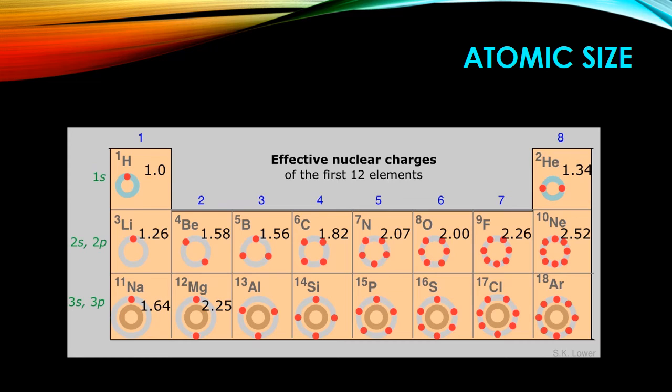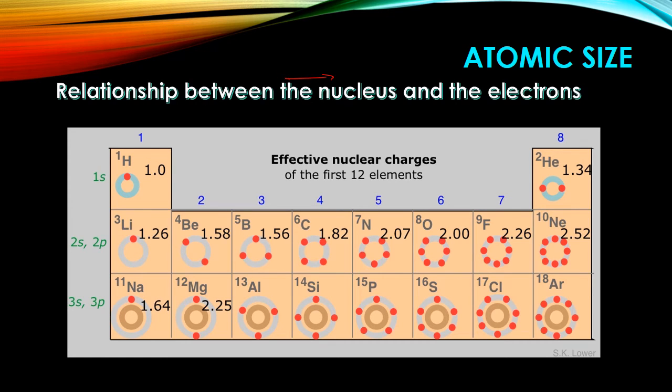To explain why the size of the atoms goes down as you go across the periodic table is what's called the effective nuclear charge. And what this is, it's the relationship between the nucleus and the electrons. See, what's the charge on a nucleus? Well, the nucleus has protons and it has neutrons.